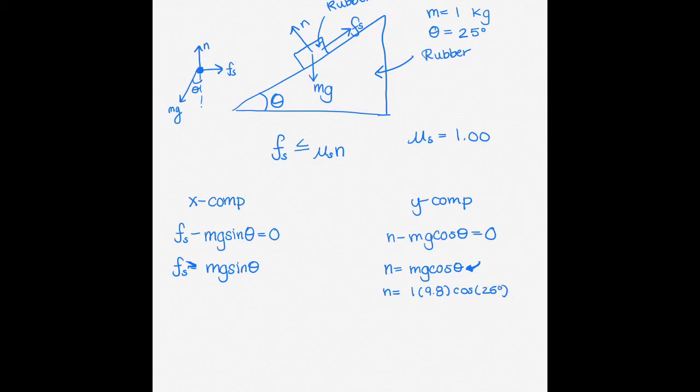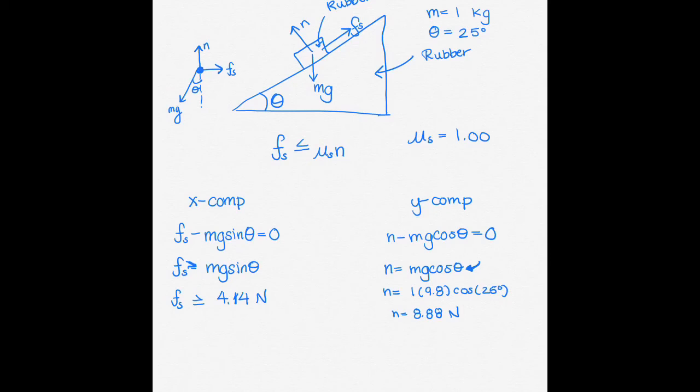When we plug everything in, we get a normal force of 8.84 newtons. And when we plug in mg sine θ, we get a value of 4.14 newtons. So this is the minimum amount of force that we need in order to prevent the motion.